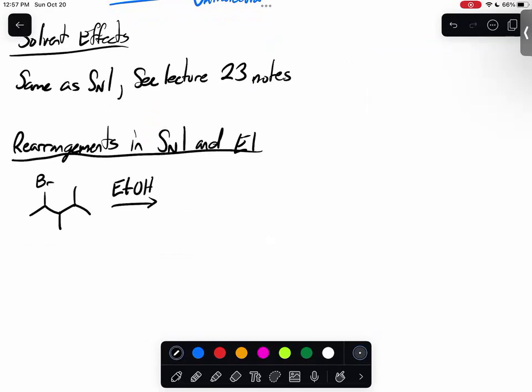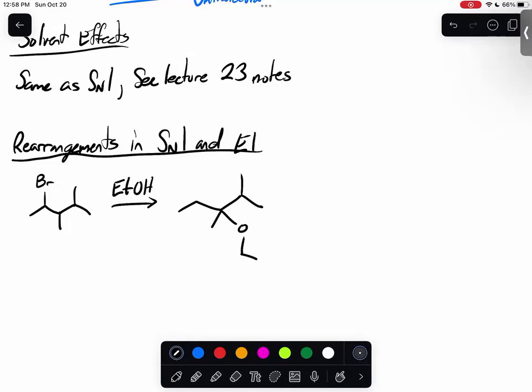Well, what researchers found was that whenever they added in the ethanol and let it go and create the SN1 and E1 products, you would expect that the ethanol would substitute where the bromine is, but they found that interestingly enough, it adds over there. But that doesn't make any sense, right? Because that's not where the carbocation should be. So it should be impossible to do so.